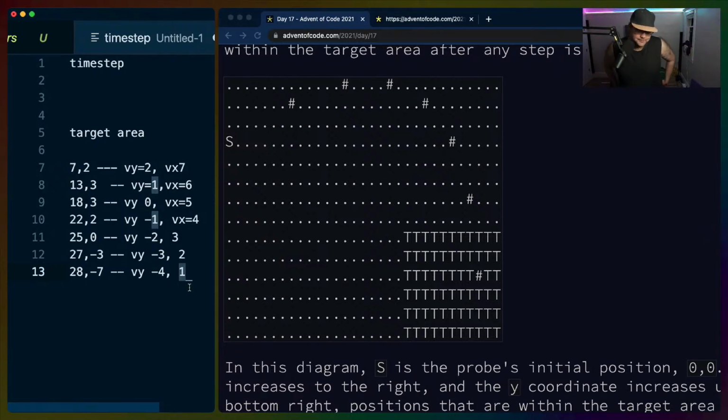Okay, so we have the velocities. What's the velocity? Velocity, the derivative?